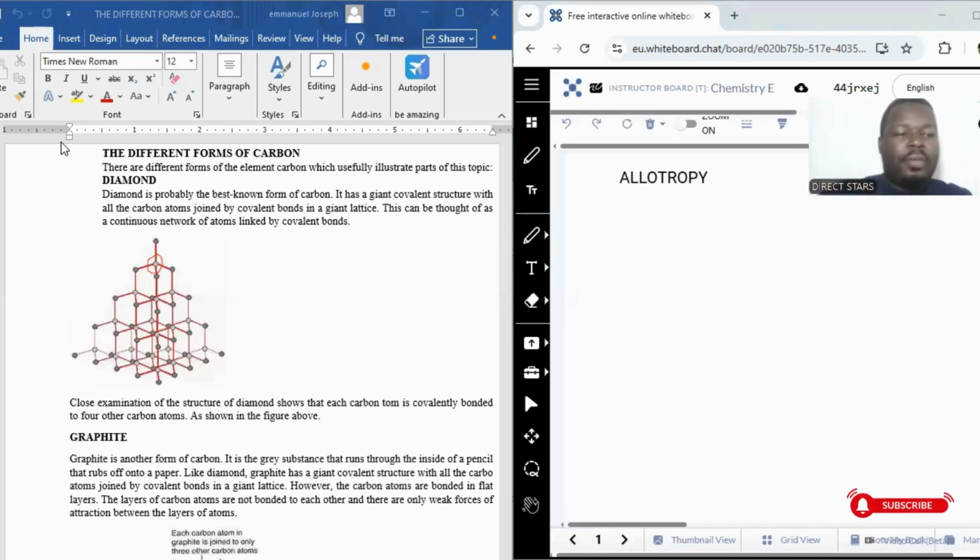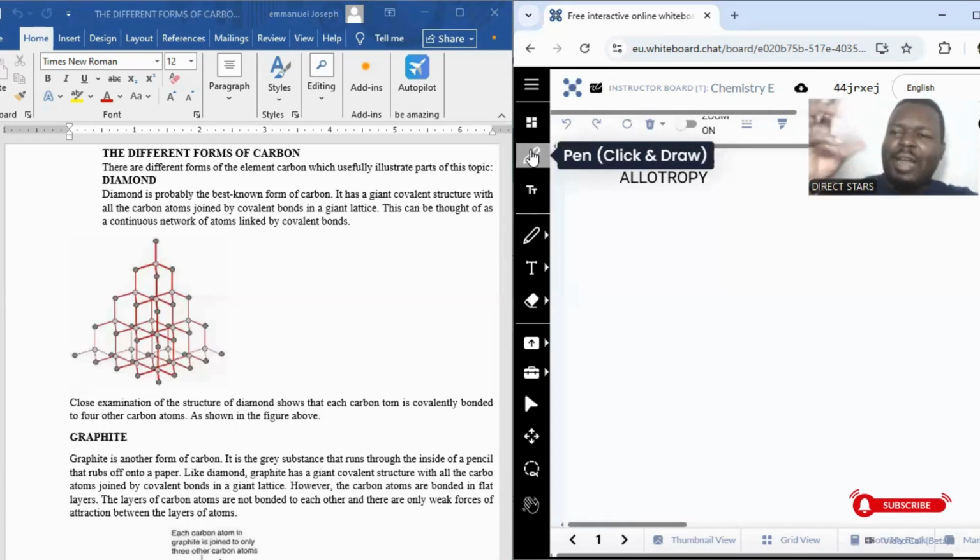So we move on to graphite. Okay, so graphite, on the other hand, is another form of carbon, though unlike diamond, diamond is transparent, looks like glass, like broken glass, and has this high refractive index that can refract colors of your white light.